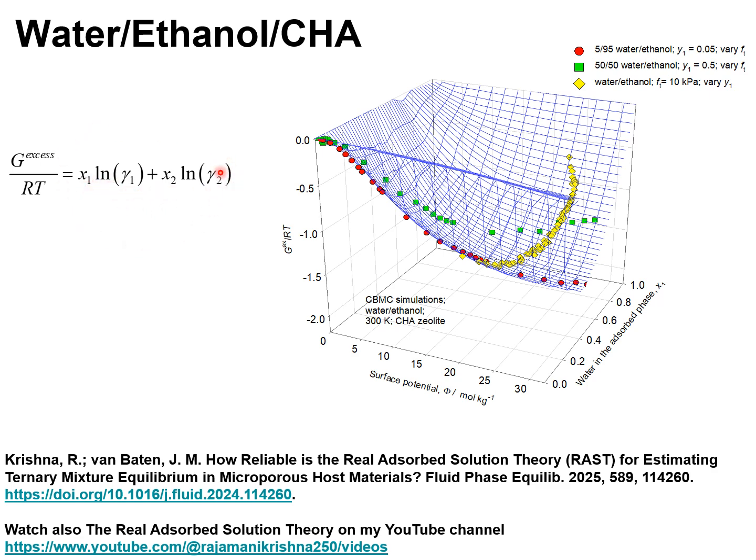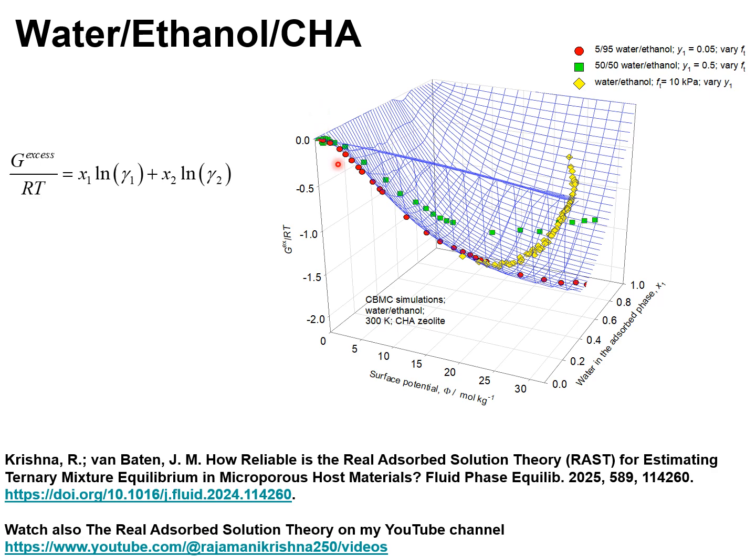These may be determined from the CBMC simulations. These are indicated by the red circles, green squares, and the yellow diamonds for the 3 sets of CBMC simulations shown in the foregoing slides.